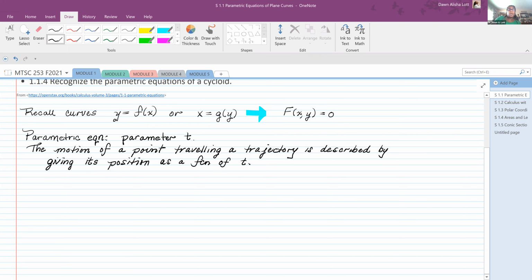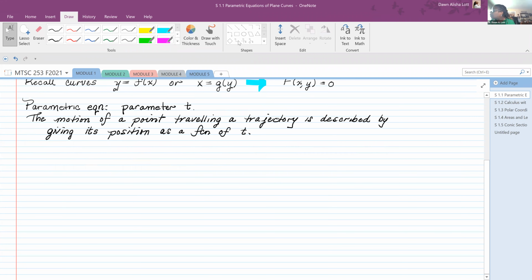Okay, so here I have a curve. And this point right here is the point x, y, just like before.